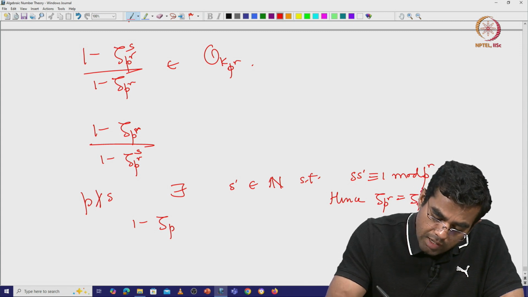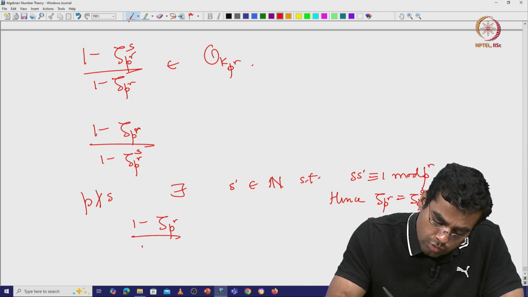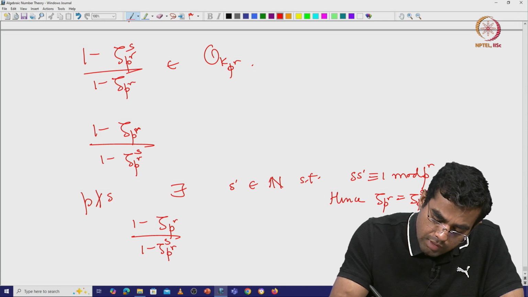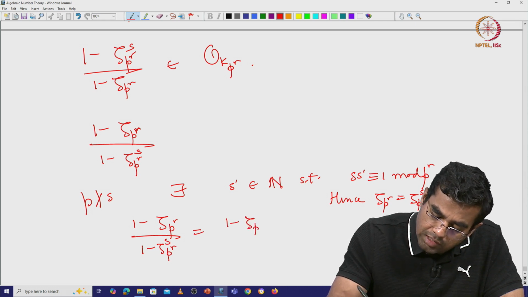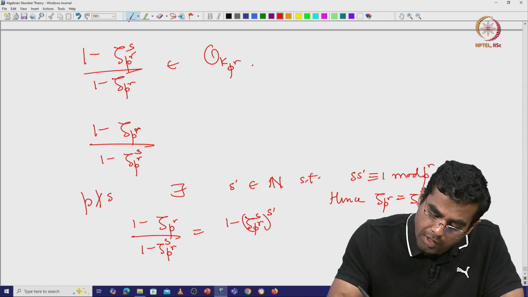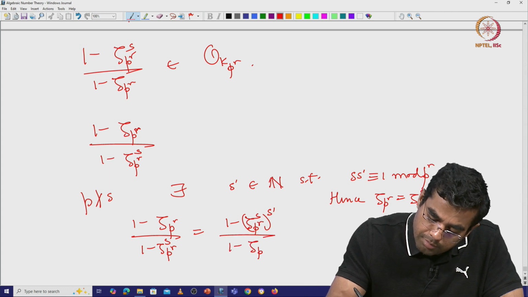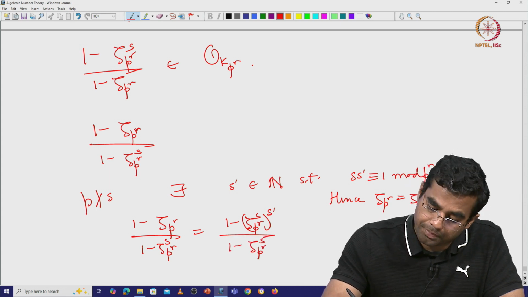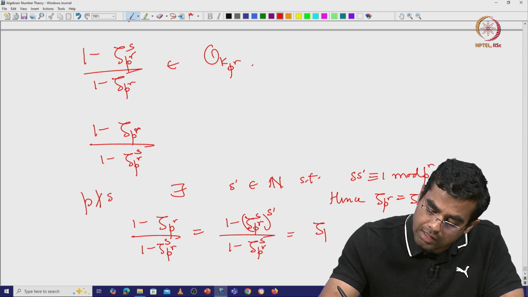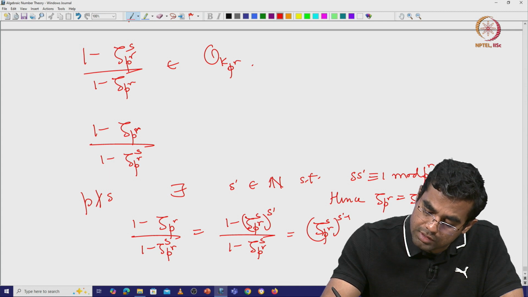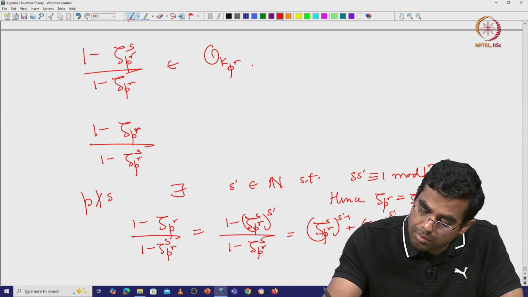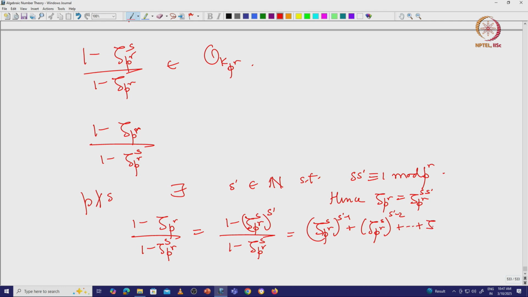So, I can write 1 minus zeta_{p^r} over 1 minus zeta_{p^r} to the s as (1 minus zeta_{p^r} to the s) whole to the power s prime divided by (1 minus zeta_{p^r} to the s), and this again one can write as zeta_{p^r} to the s to the power s prime minus 1 plus zeta_{p^r} to the s to the s prime minus 2 and so on up to 1, which again is in the ring of integers.